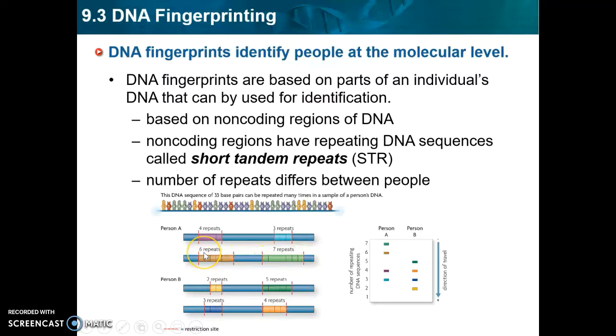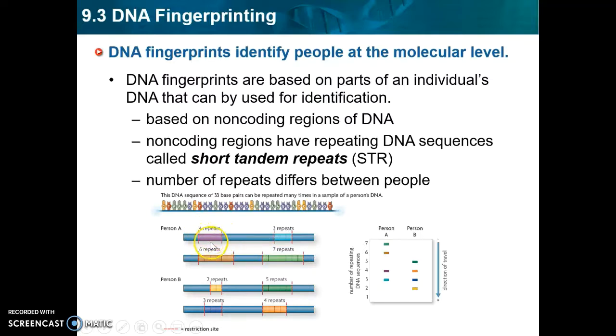You can see dad's allele would have 6 repeats in this place, 7 repeats in this place. So every person has 2 different copies of those chromosomes that they inherited from 2 separate people. So that is 2 separate locations on the DNA that might differ from person A and person B.